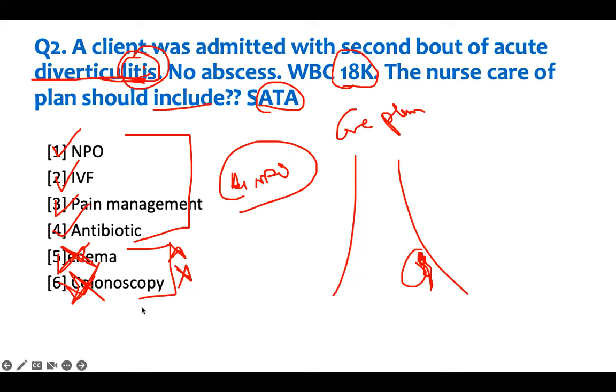So you don't need to do any enema or colonoscopy. It has to be nothing by mouth, IV fluid, pain management, antibiotic, and no enema and no colonoscopy. Okay.